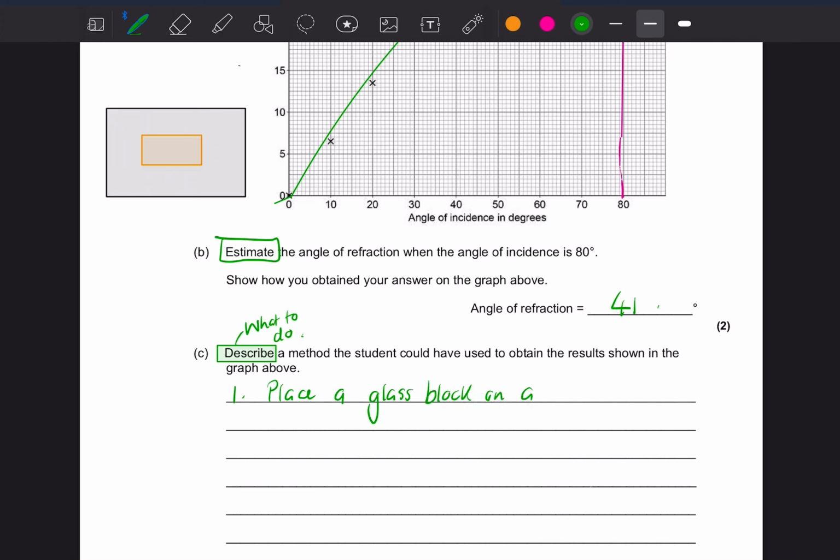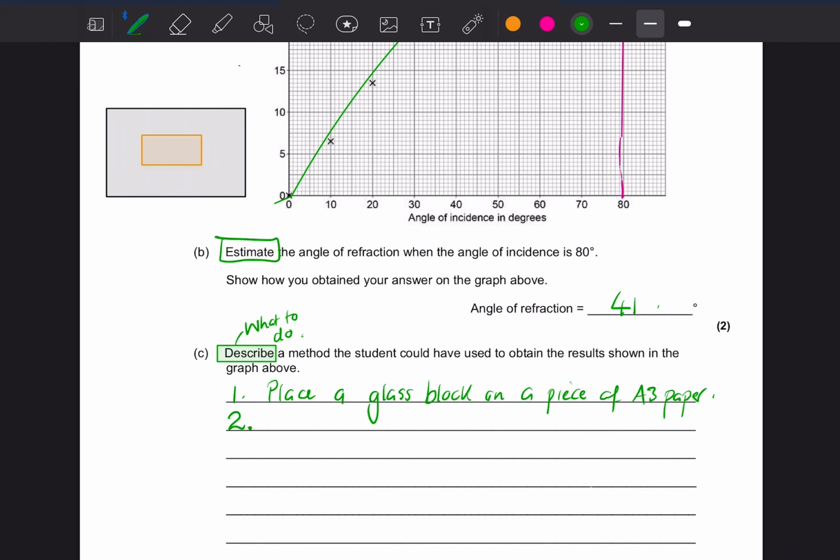That's just step one. And again, if this is the night before the exam, I'd be learning this by rote and writing it out over and over again until you get it, and then you just take that into the exam and get that in your head tomorrow morning before you see that paper. So place a glass block on an A3 piece of paper.